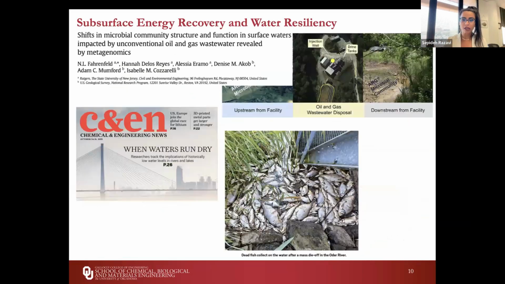So not only are we talking about very large quantities of water that can again strain areas that are water scarce, but also mishandling of this water is shown to affect the diversity and function of microbes. It is shown to affect the quality of the water that can be used for irrigation or human supply. It can leak into fresh water and groundwater surfaces, and therefore it's going to be problematic.